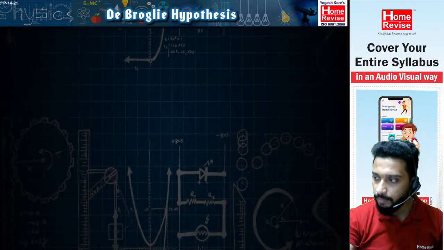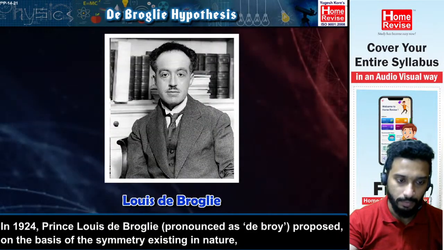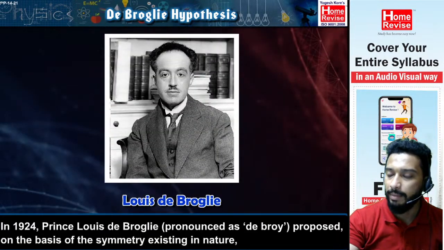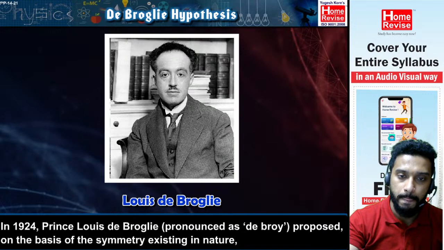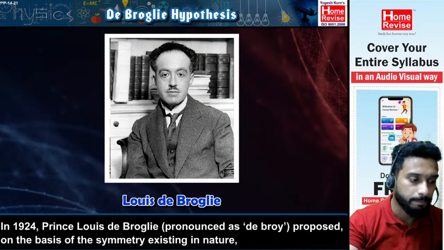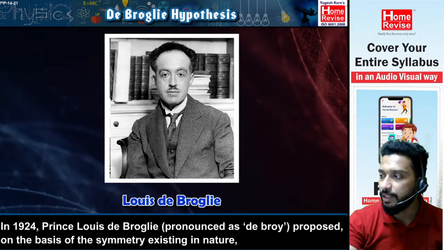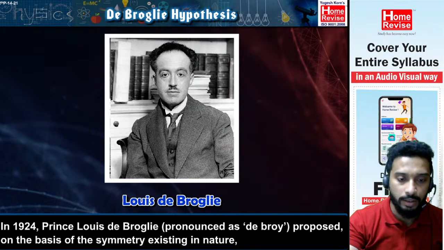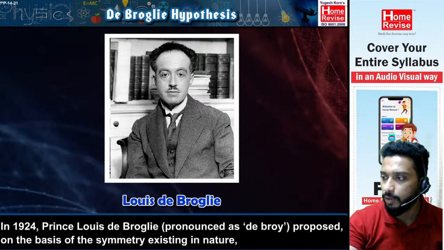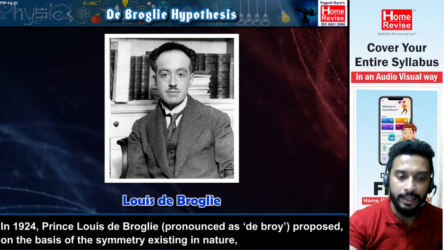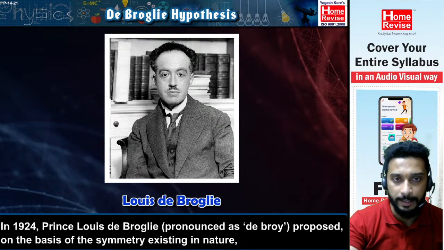De Broglie hypothesis. In 1924, so hypothesis क्या होता है? Hypothesis is without experimental setup. It's kind of with intuition, it's kind of with understanding. Okay, without experiment उन्होंने ये कुछ theories बताई हैं, ये कुछ assumptions किए हैं.